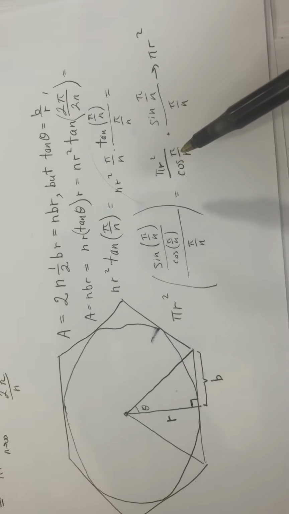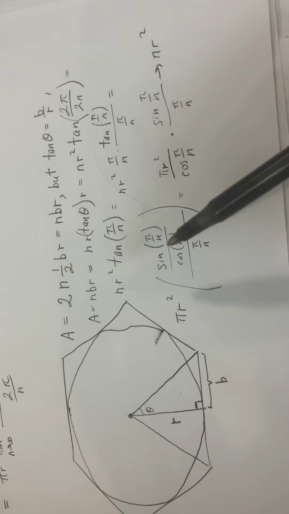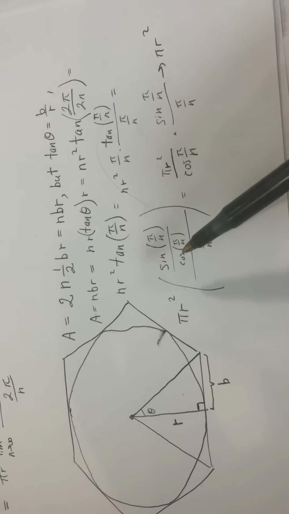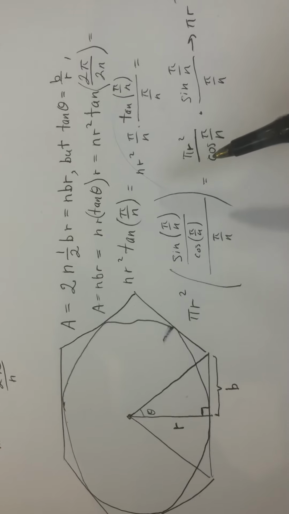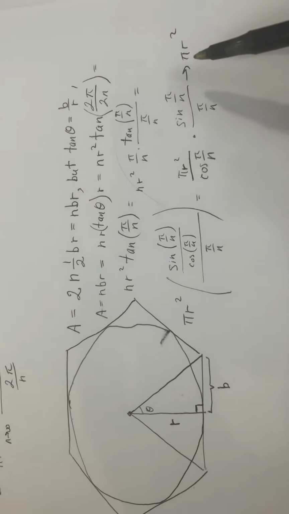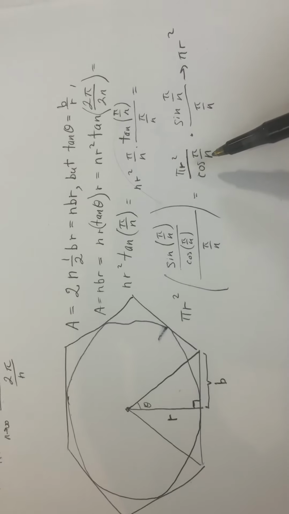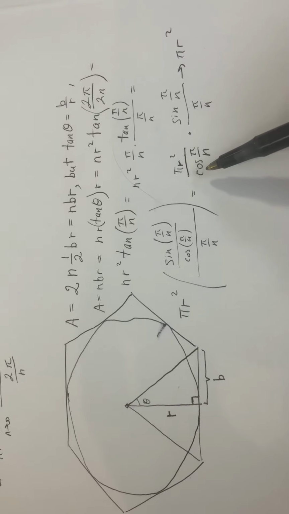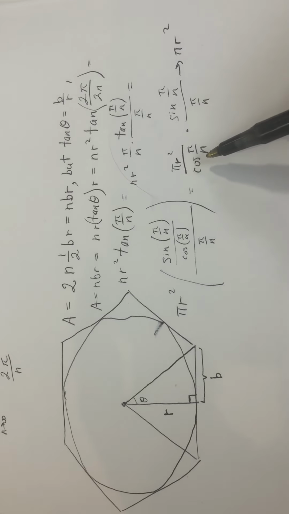I'm taking the cosine of pi over n out of these parentheses, and it's coming down there. That's all that's happening. And then this whole expression is approaching pi r squared. Cosine of pi over n is approaching 1, because we know that the limit as theta approaches 0 of cosine theta is equal to 1.